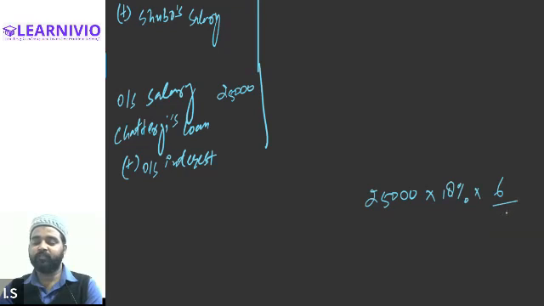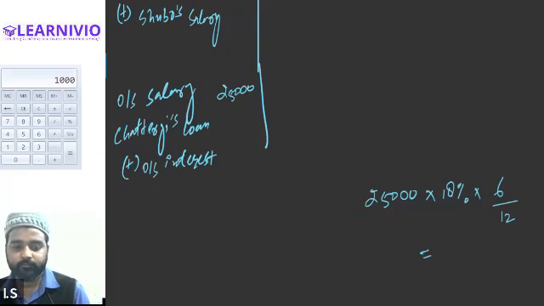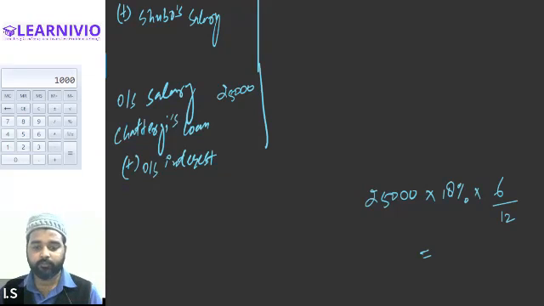For that purpose we will multiply it by 6 upon 12. By doing this we will be able to calculate the amount of interest.